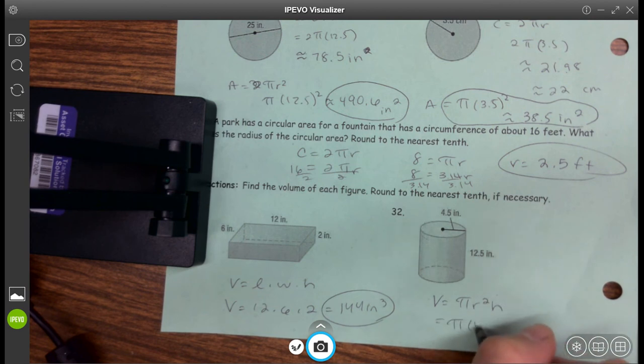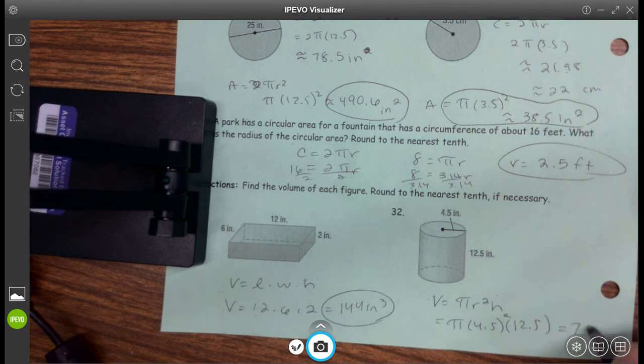So the radius is 4.5 squared. The height is 12.5. Put it in the calculator just like that, or you could do 3.14. Either way, your answers just might be a little bit different. And you should get 794.8 inches cubed. Okay, I really shouldn't use equals. I should use an approximation because it's not exact.